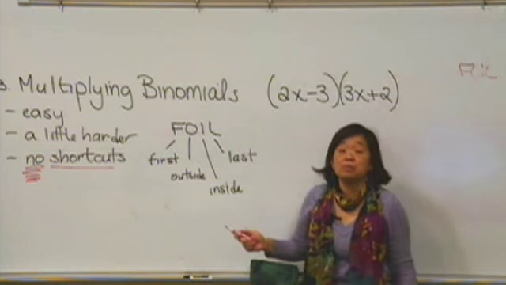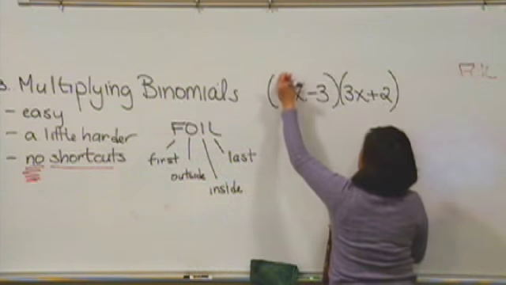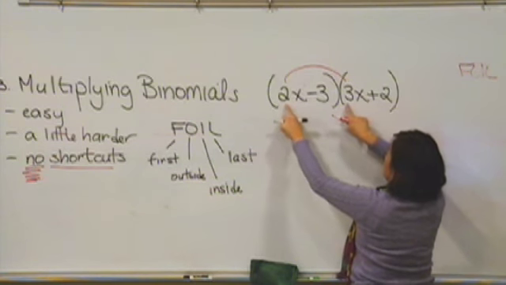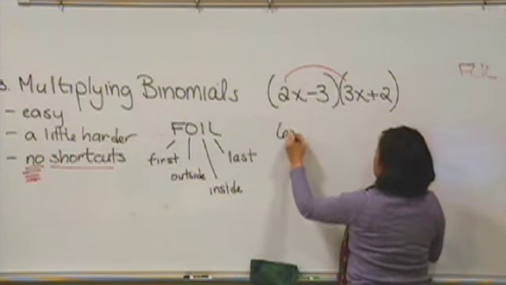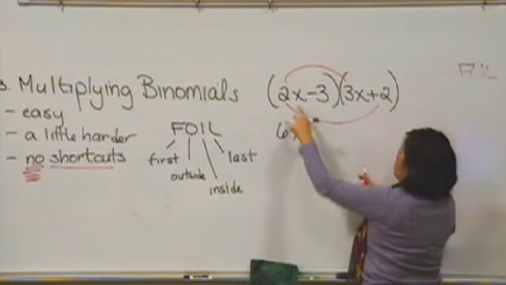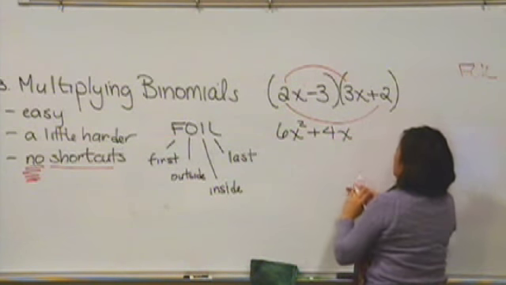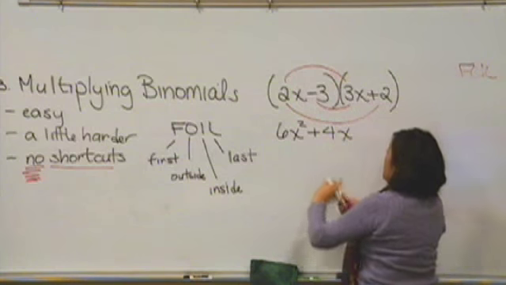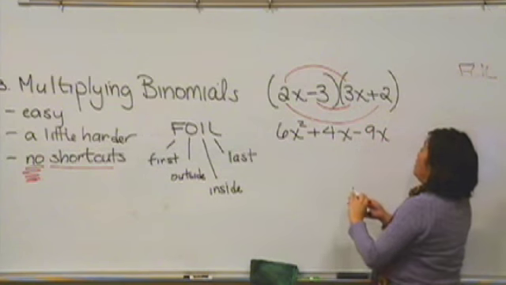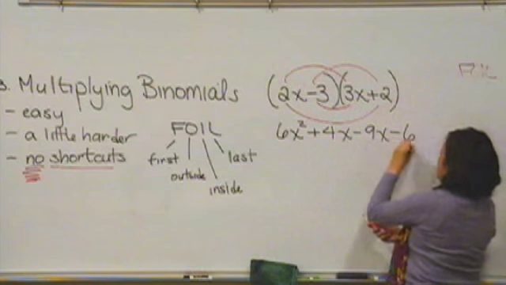Again, if you want to remember the abbreviation FOIL, we're going to go for the first. 2 times 3 is 6x times x, in other words, 6x squared. The outside ones, 2x and 2, that's going to be a positive 4x. The inside ones, a negative 3 and a 3x, that's negative 9x. And finally, the last ones.